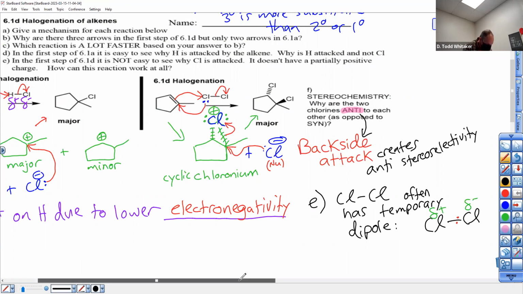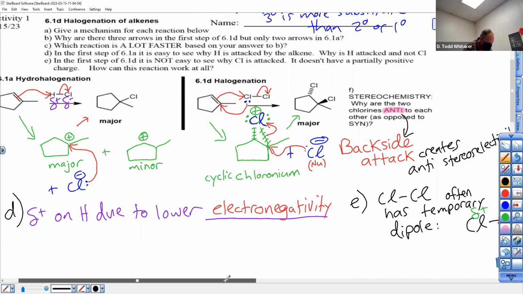So, where are we at? Have we answered all our questions? Why are there 3 arrows in the first? We didn't do that one, but only 2 arrows. Well, the main reason is Cl has lone pairs, which can make a bond.